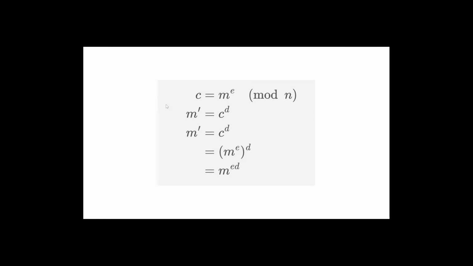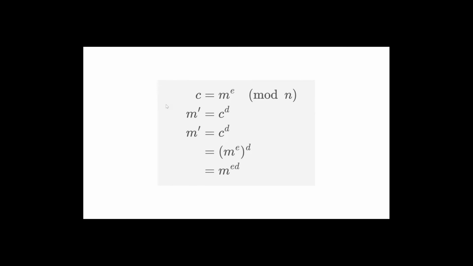All right. So far we have M prime equals C power D, and we know that C is equal to M power E. So that's saying that we have M power E power D. And we know also that when we raise things to an exponent, the exponents multiply.